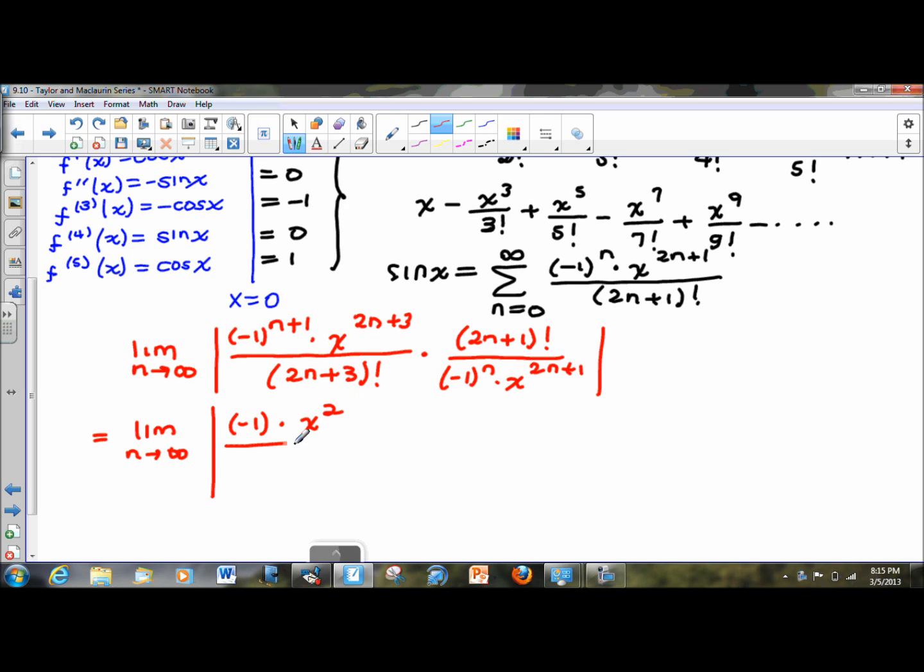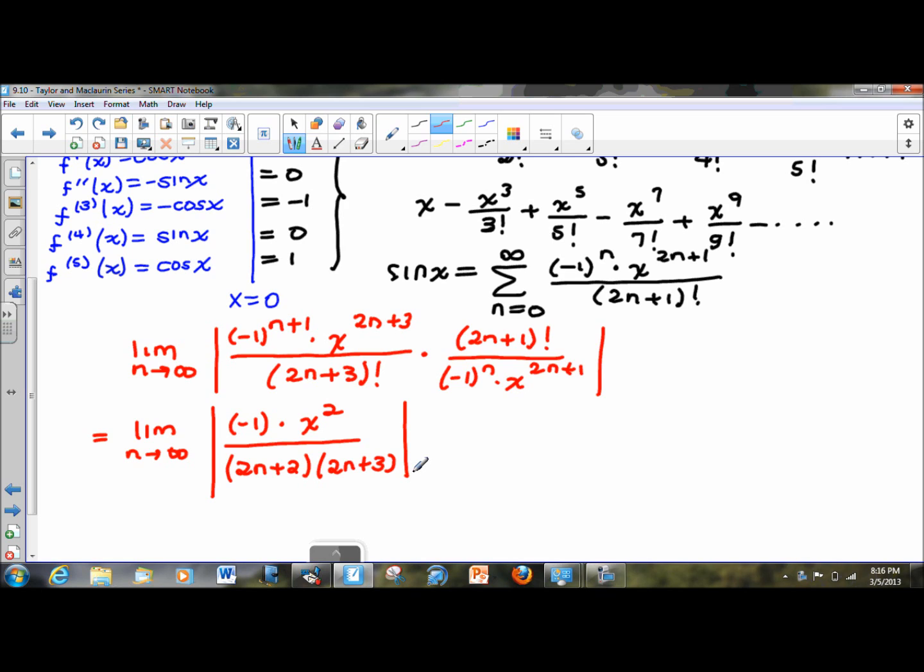And then as far as the factorials are concerned, I know I've worked with my class on these for a few problems, but basically this 2n plus 3 factorial contains a 2n plus 1 factorial a couple of terms before, and then what would follow that 2n plus 1 factorial would be the multiplication of 2 more terms, namely 2n plus 2 and 2n plus 3.